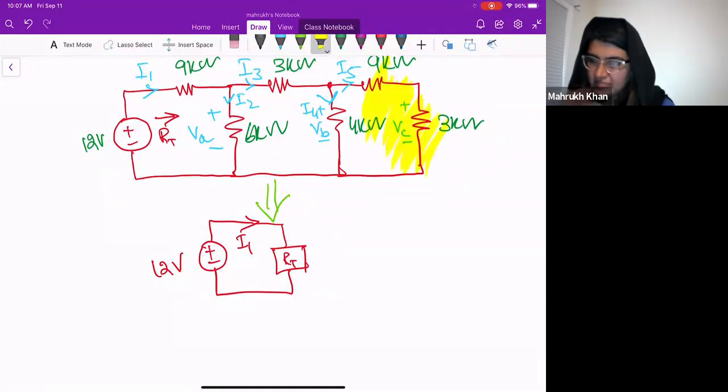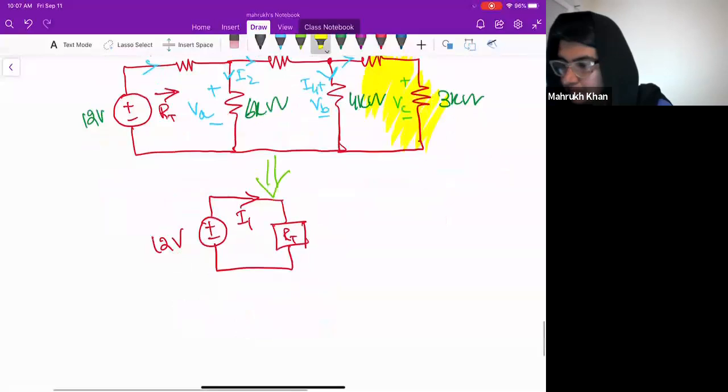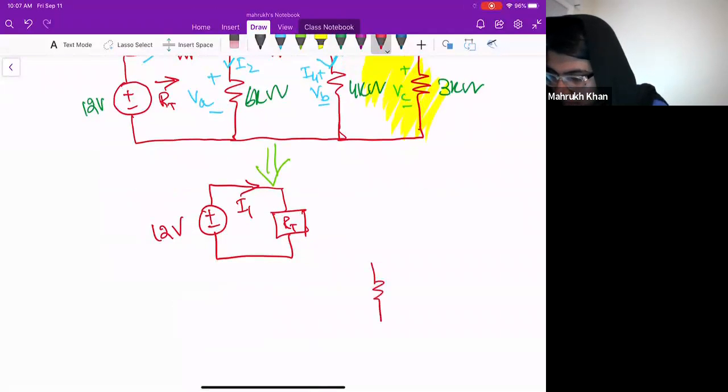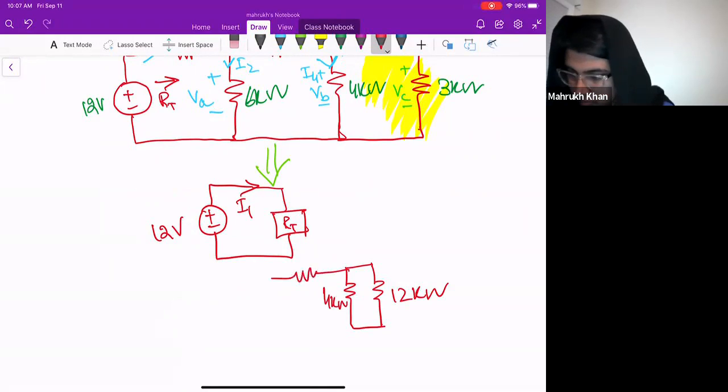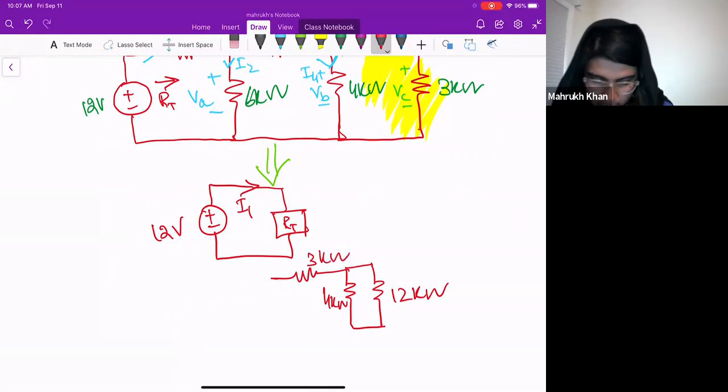So I will do this first. 12 kilo ohms, 4 kilo ohms. This is not as complicated as the previous one.